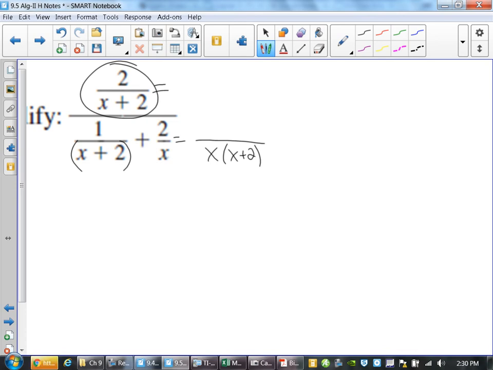So now I'm just working on the denominator part right now. Don't care about this right now. What is this fraction missing in terms of this? An x. What's the fraction on the right missing? Which means I can simplify it.